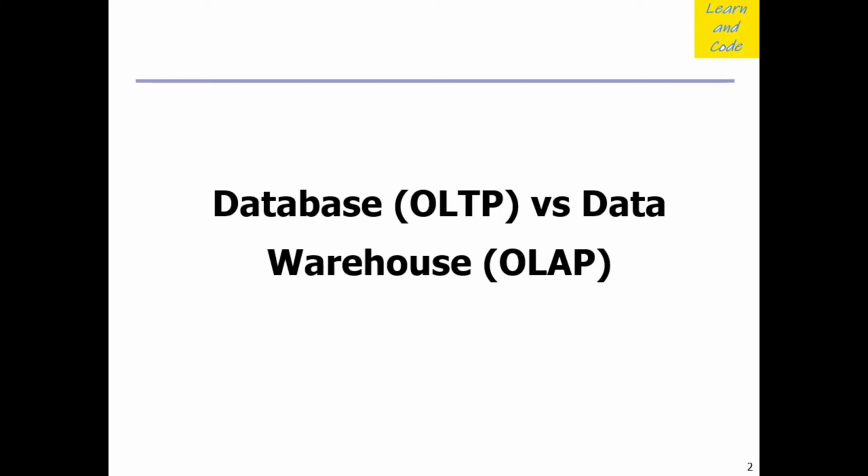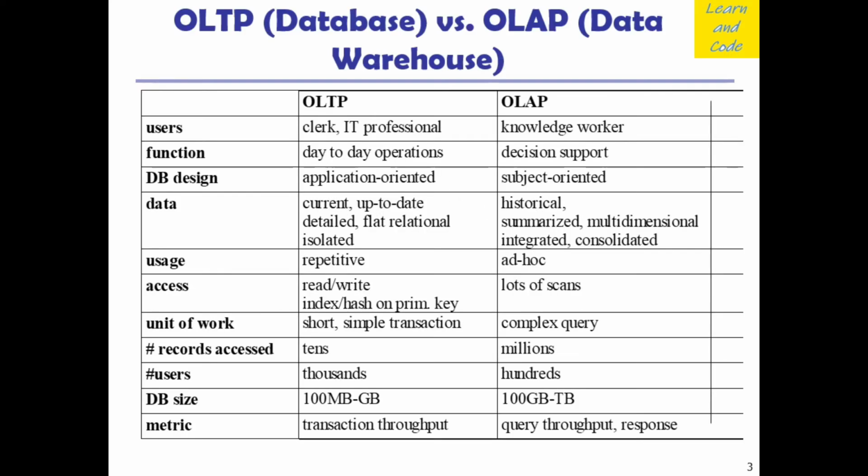In case of a data warehouse, the basic objective is to analyze, to get knowledge from the data that we have, and it contains historical data. One by one, we'll discuss each and every difference between database and data warehouse.